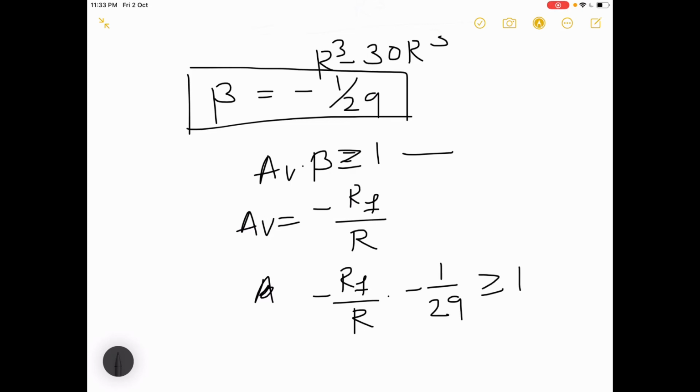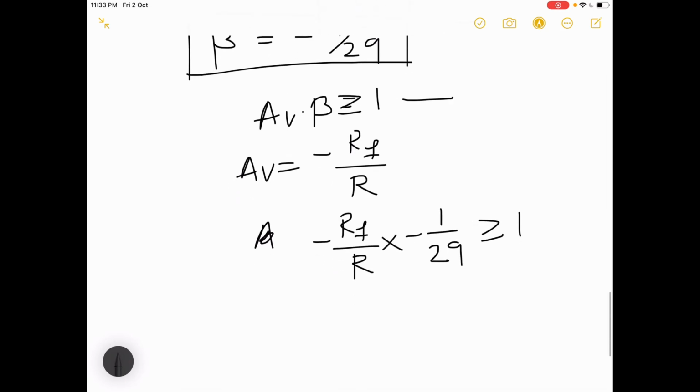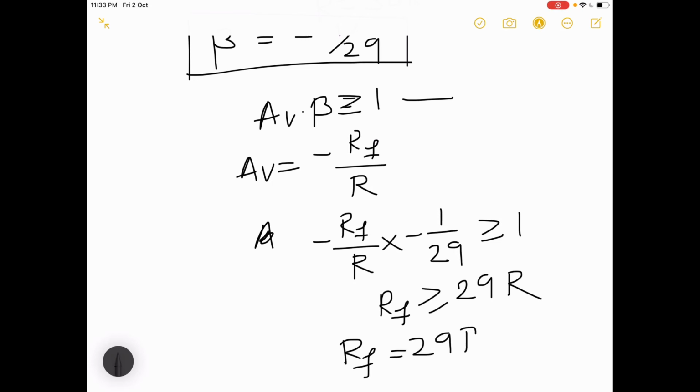Minus minus becomes plus. This is multiplication, so Rf will be greater than or equal to 29 times R. So we can say Rf should be equal to 29 times R.